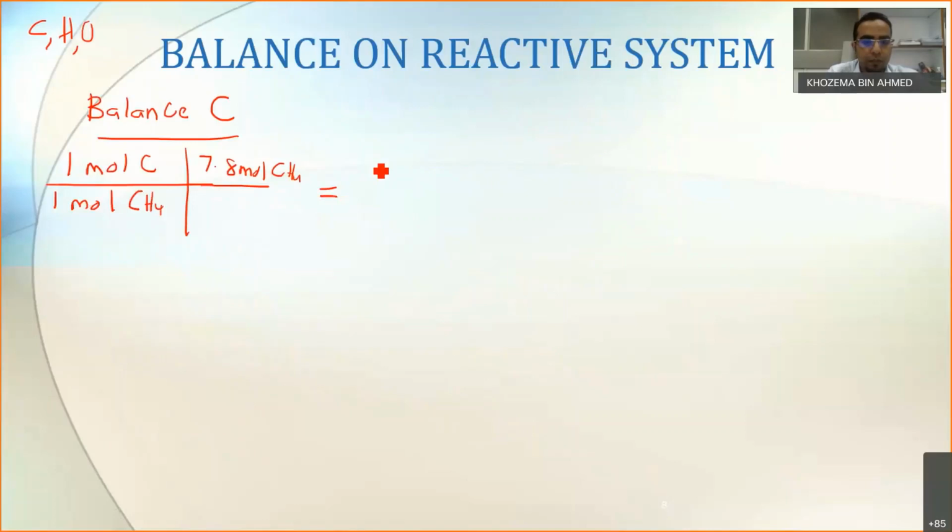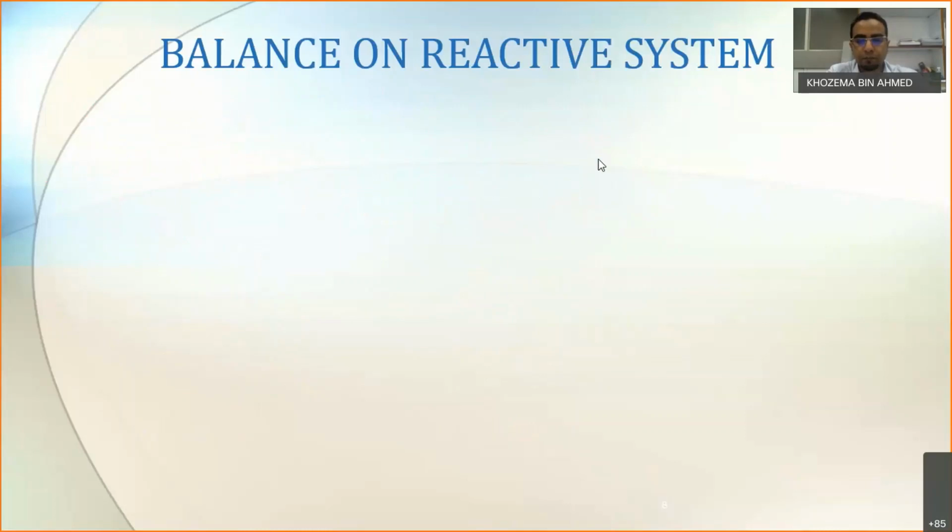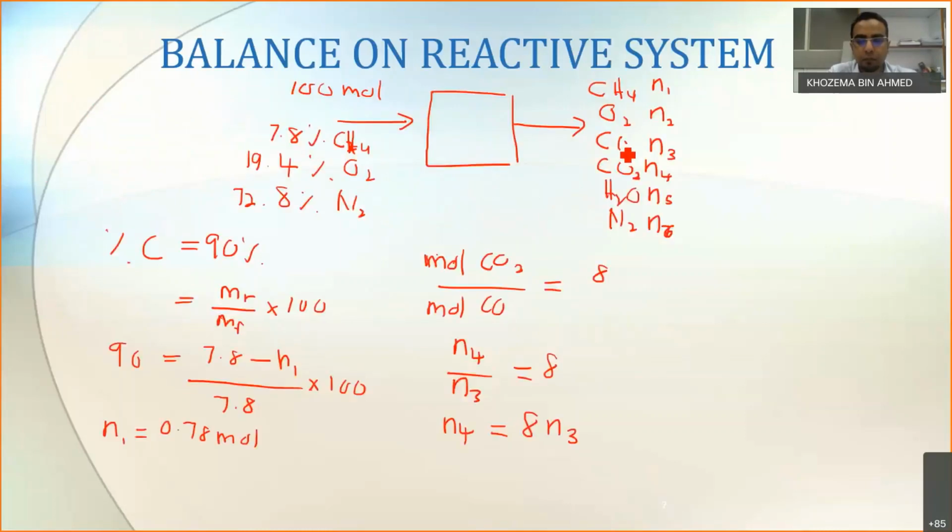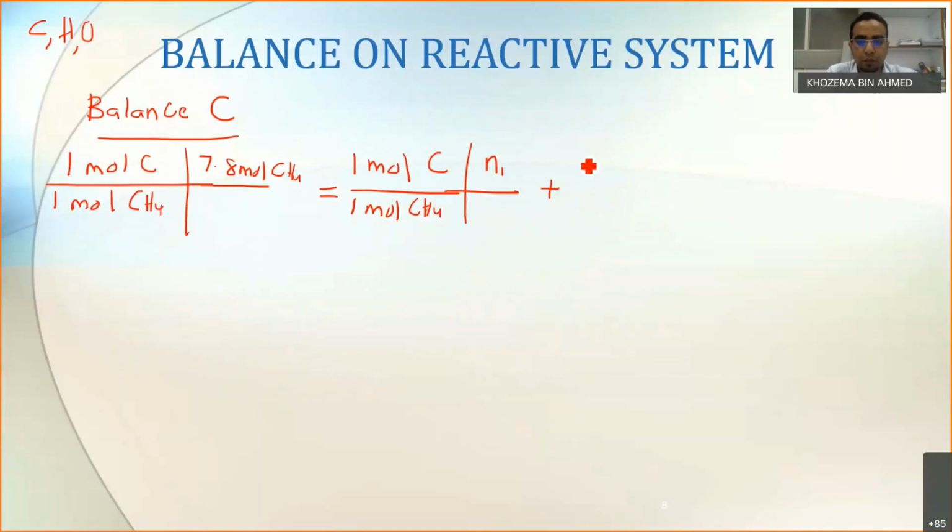So I can put here 1 mole of carbon in 1 mole of CH4, and I've labeled that as N1. Plus I have carbon in my CO, so I can put here 1 mole of C in 1 mole of CO, and the mole for CO is N3.